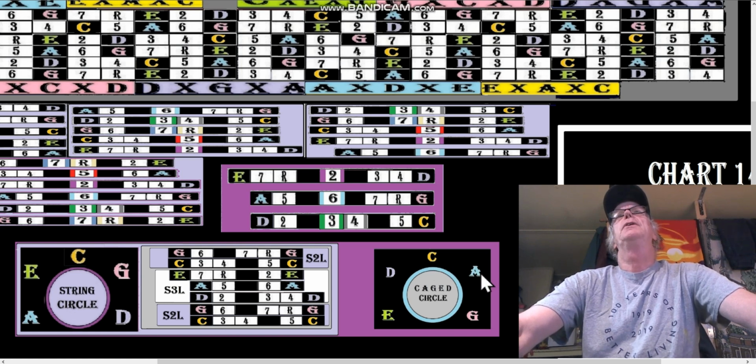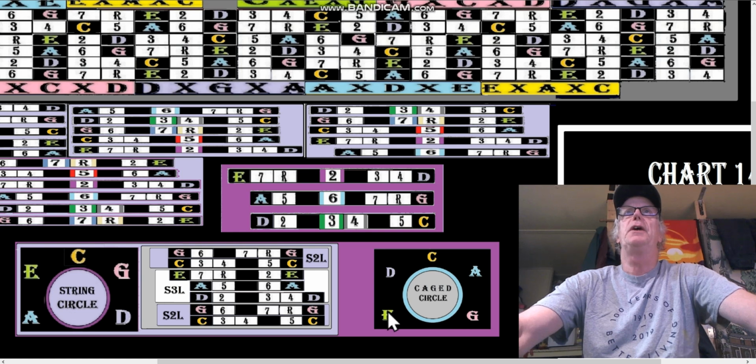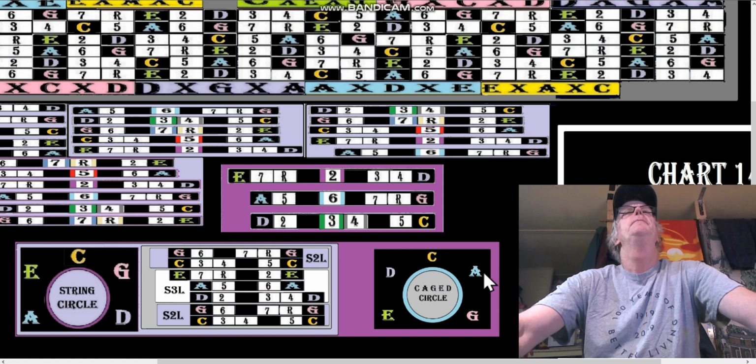Certainly the cage circle is easy, but people wouldn't think to make a cage circle, except that when you do, then you can go backwards easier, and then you can see that it's an ascending pentatonic scale in the key of C: C, D, E, G, A.